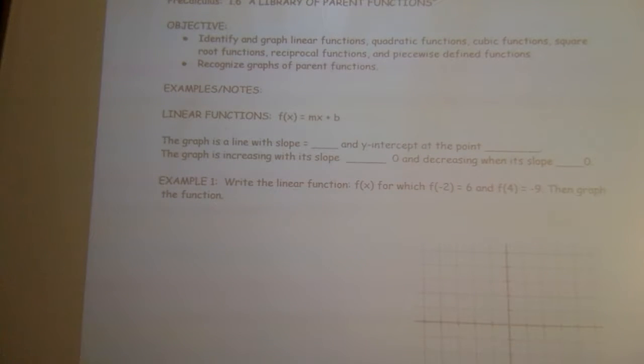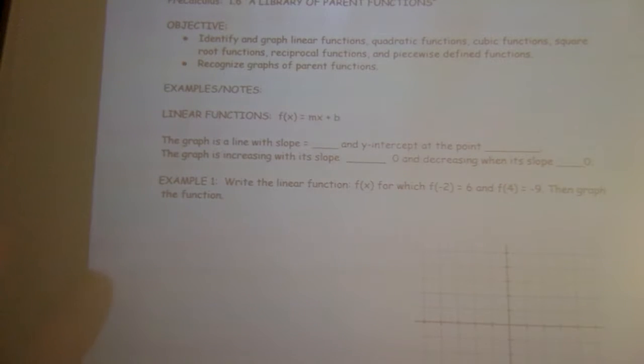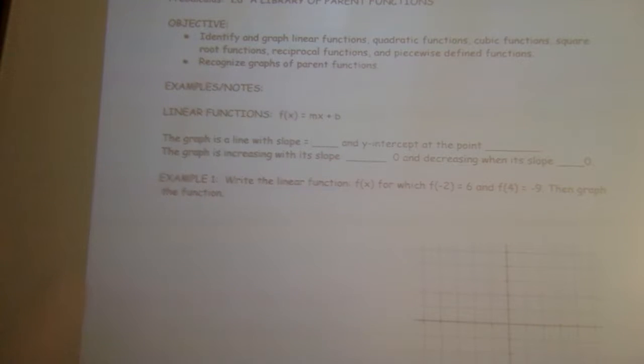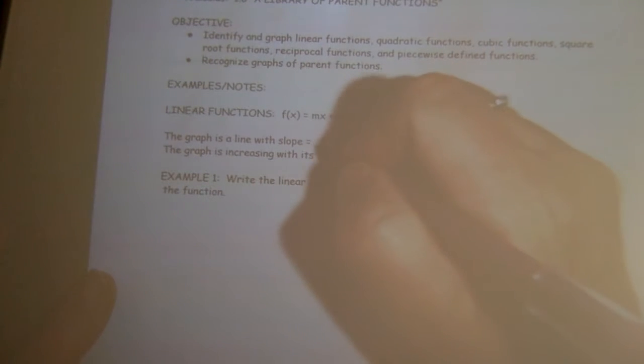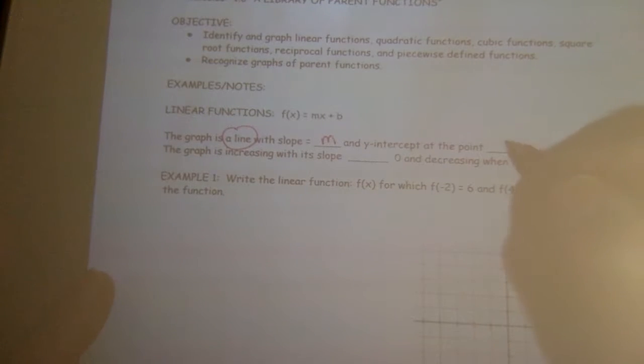First of all, a linear function is in the form f of x equals mx plus b. That is slope-intercept form, where the graph is a line with a slope of m, and it has a y-intercept at the point (0, b).